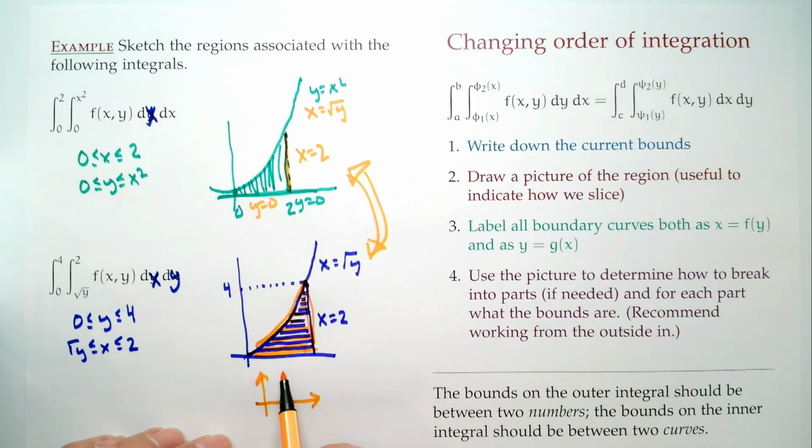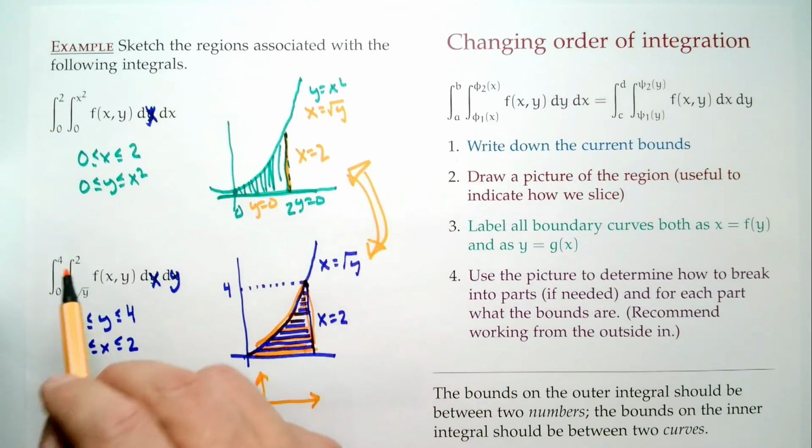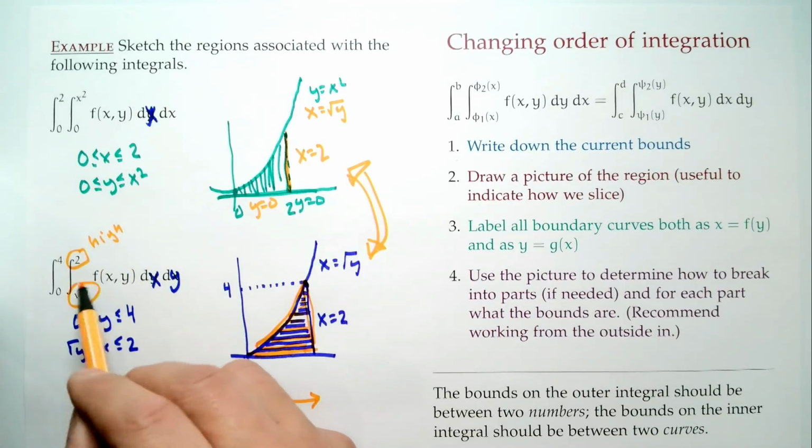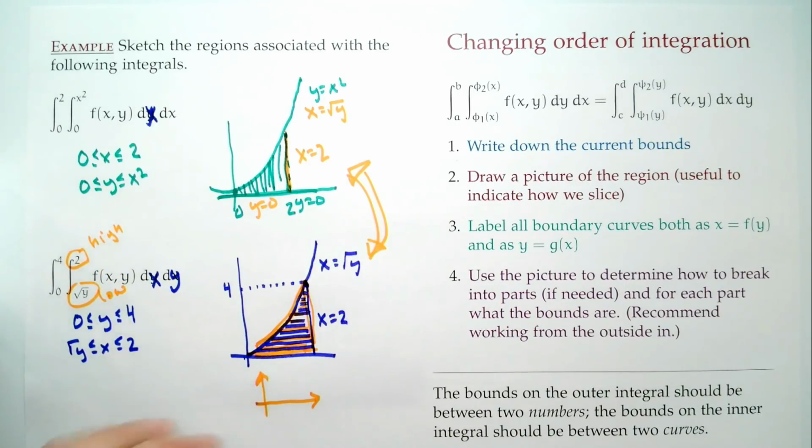Follow the orientation: high value minus low value, top minus bottom. When we're slicing horizontally, we still want to take high, subtract low. High is towards the right, low is to the left. So keep that in mind.